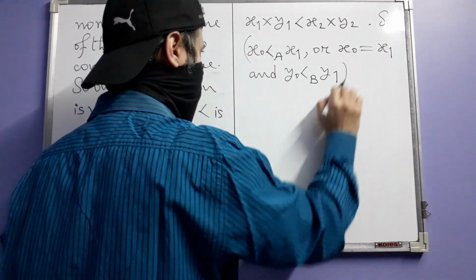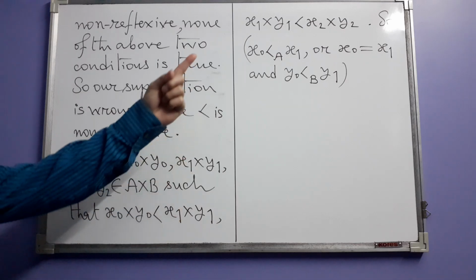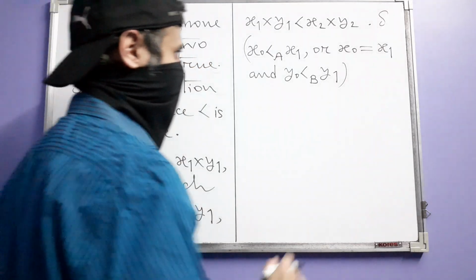So this is what we are getting from this relation, and a similar one from that relation.